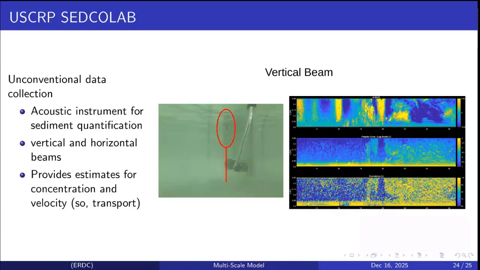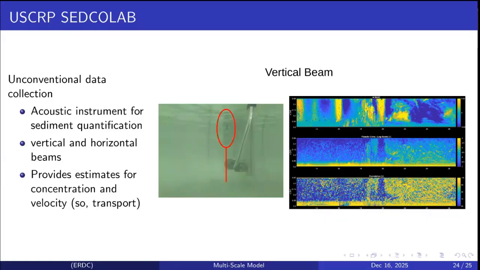So we not only get velocities in U and V and W, we also get the concentration. So we're getting transport, right? And when it comes to comparison of data to models, the concentration is great and the velocities are great, but actually getting the transport is key.